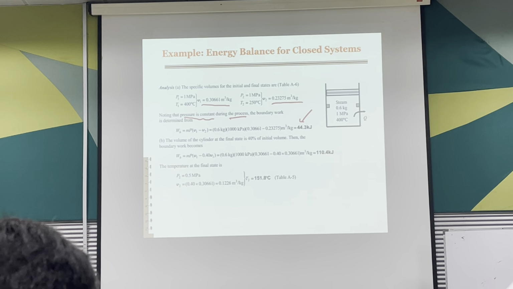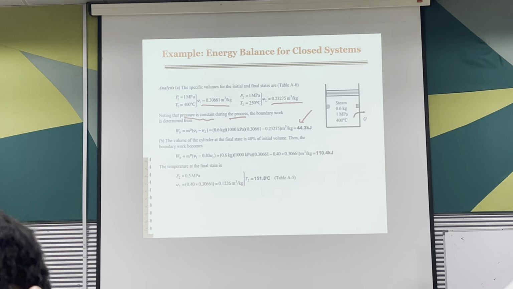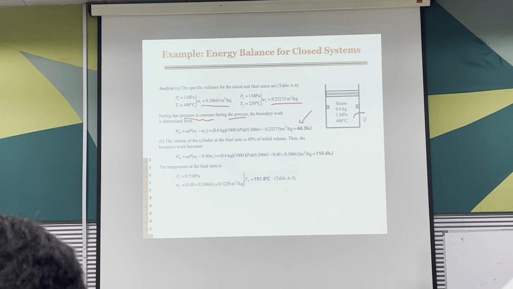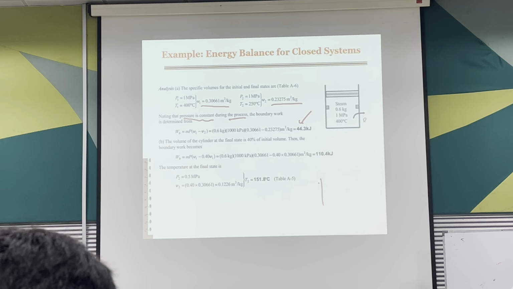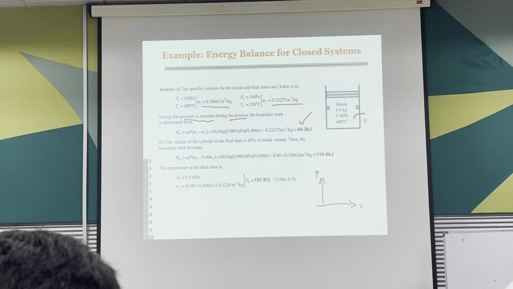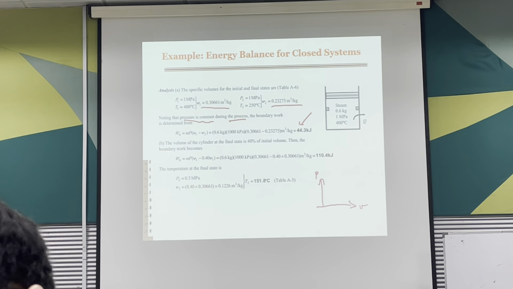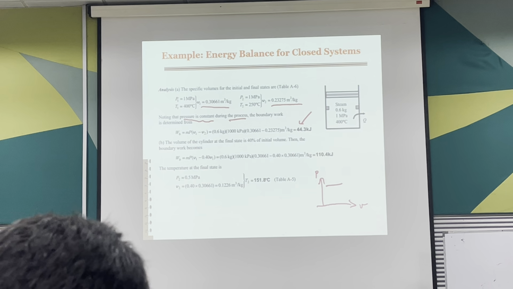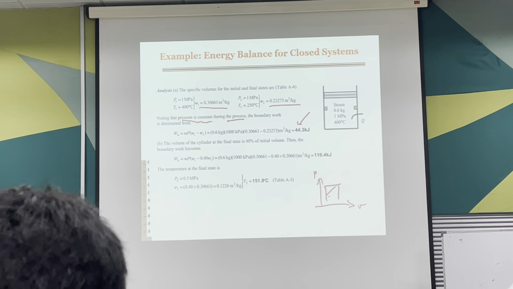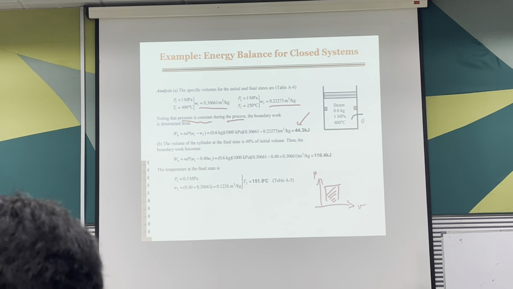It is just a linear process. On a PV diagram, we learned that the area under the graph is the boundary work, right? So in this case, since P is a constant, all you need to find is that equation.